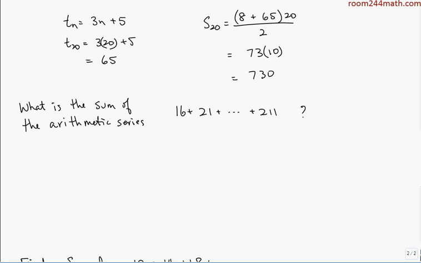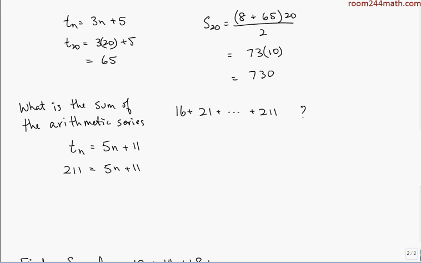So that's the first thing we have to find. And again, you've done problems like this in section 1. And once again, the first step is to find the general term of the sequence that forms the terms in this series. So we have Tn. What's the common difference? It's 5, so we can write Tn equals 5n, and the 0th term would be 11. So Tn equals 5n plus 11. And we can then say 211 is generated by this general term for some value of n.